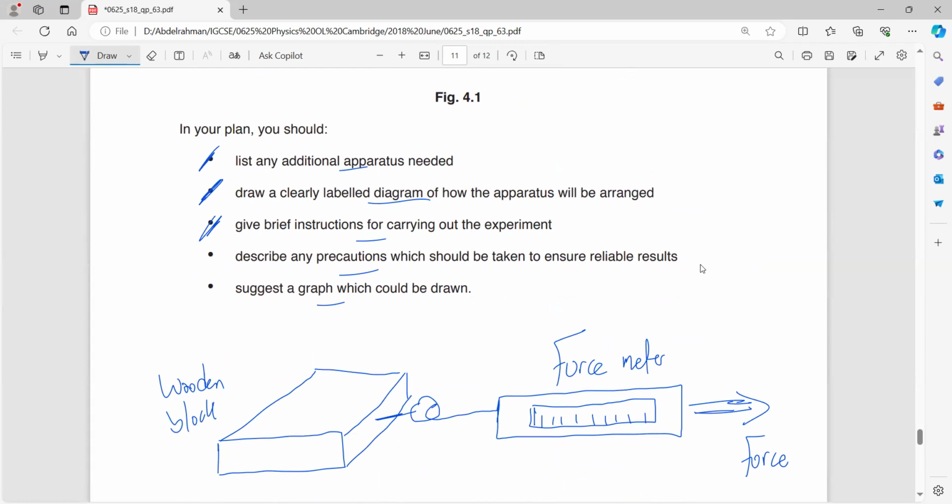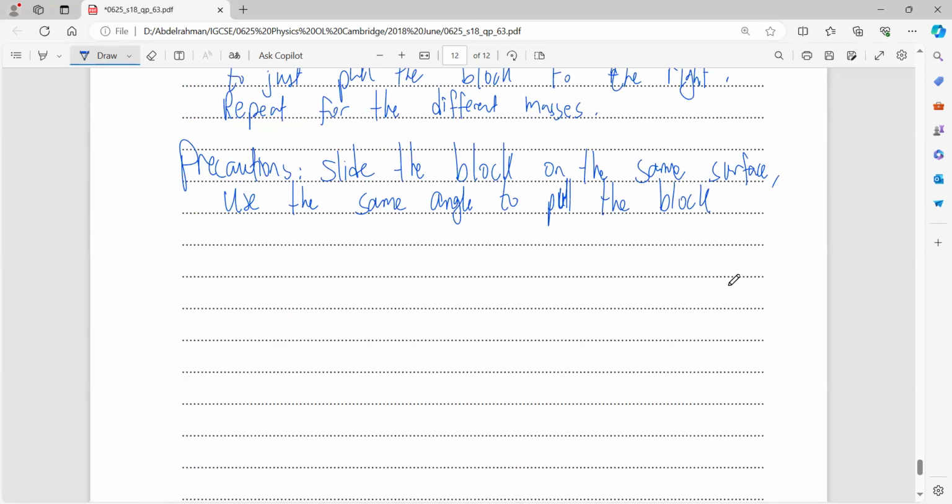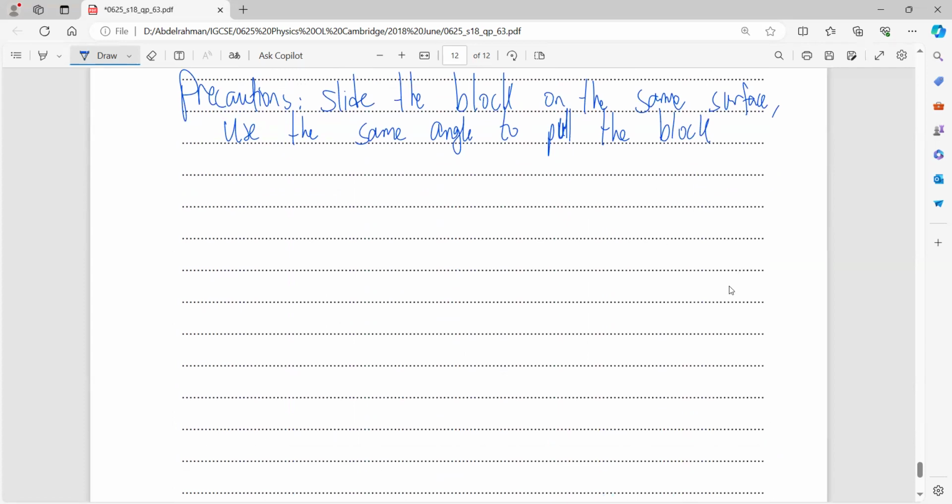Suggest a graph. Yeah, I want to draw a graph. I'll suggest a graph. How do you think we should draw this graph? First of all, what should I write down on the x-axis and what should I write down on the y-axis?